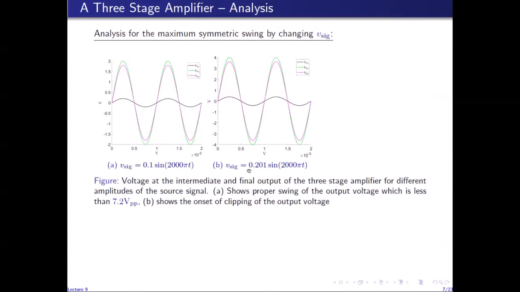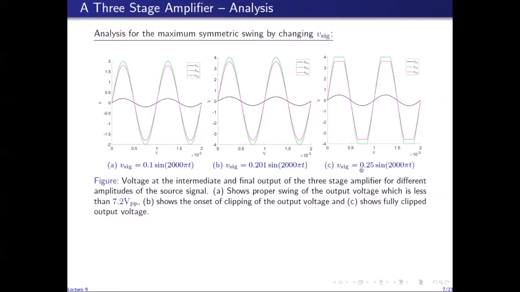But as soon as I increase the voltage beyond 0.2 volts peak at the input, so here I've applied a small signal with a peak value of 0.201 volts, the voltage at the output of stage 2 will be clipped off slightly at the top, because this is a very slight increase beyond 0.2 volts peak. That is why we observe very slight clipping in the output voltage of stage 2, which produces a very slight clipping in the output voltage of stage 3.